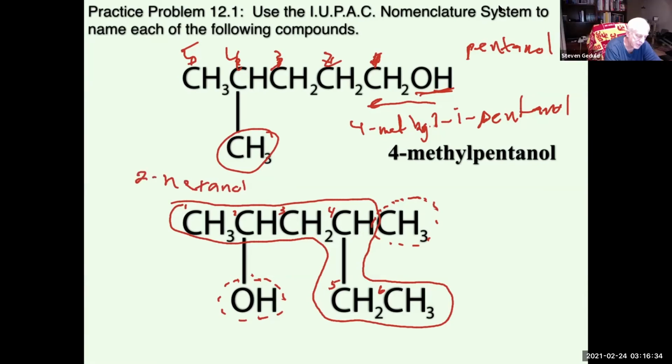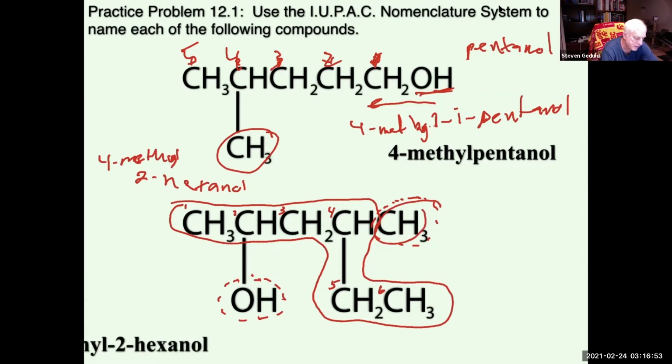And the methyl group is at what number? Number 4. There's your methyl group right here, attached to the number 4 carbon. So put together it is 4-methyl-2-hexanol.